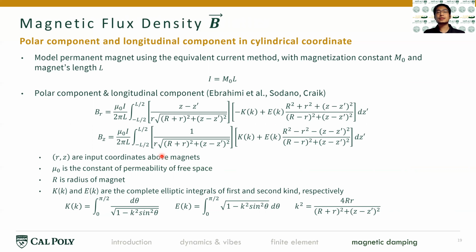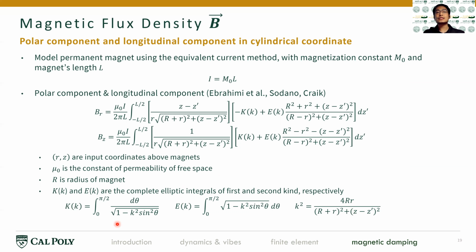The radius of the magnet, capital R, is a constant as well. And the variable in these two integrals is z prime. K and E are functions of k, where k is again another function of capital R, the radius of the magnet, and little r and z, the input coordinates of the magnet.